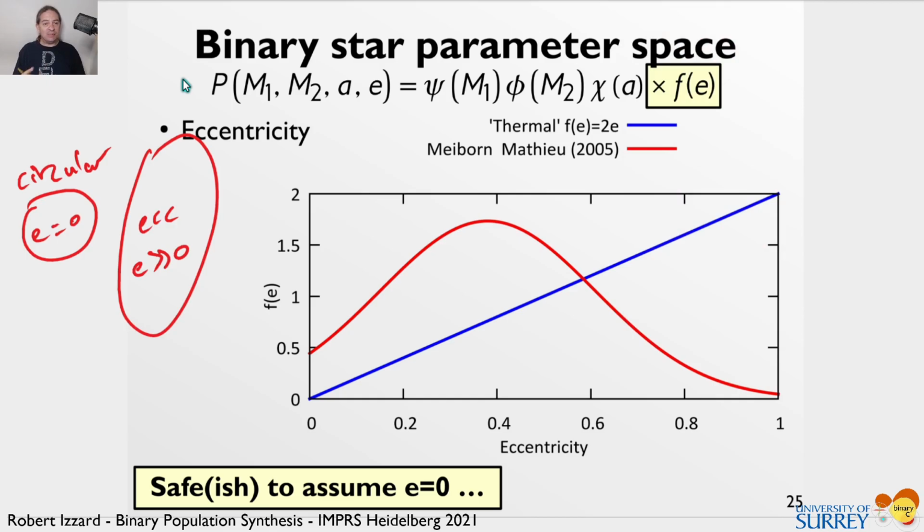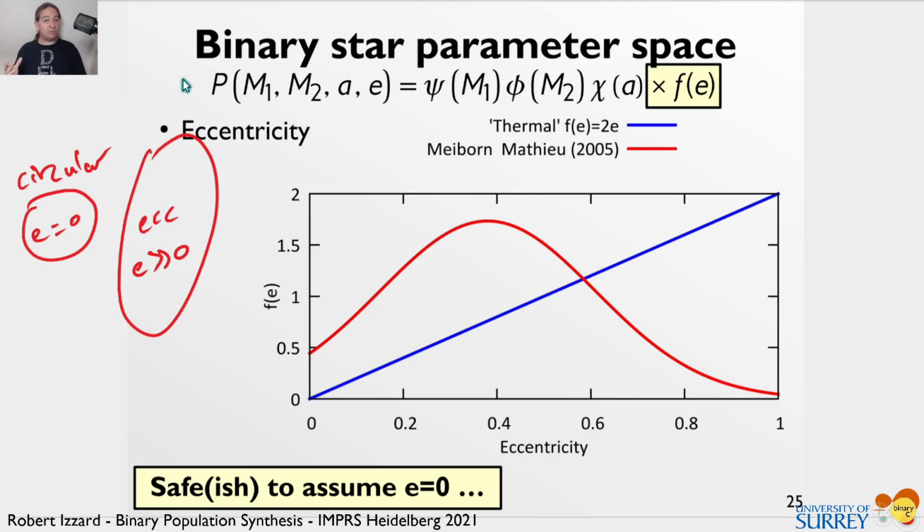We've neglected this up to now because in binaries you have things like tides, which are important and which we'll mention a little bit later. Tides tend to make the eccentricity go to 0 when the binary is quite close. So systems that start eccentric don't tend to stay eccentric, and certainly when they're overflowing their Roche lobes, which we'll discuss in a minute, they will have eccentricities close to 0.